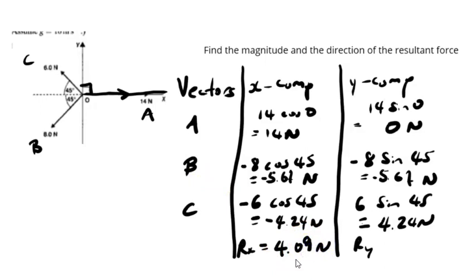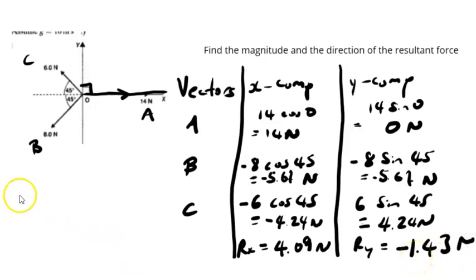On this side we have 5 minus 5.67 plus 4.2. So we end up with minus 1.43 newtons. Alright, pause if you want to take that down.